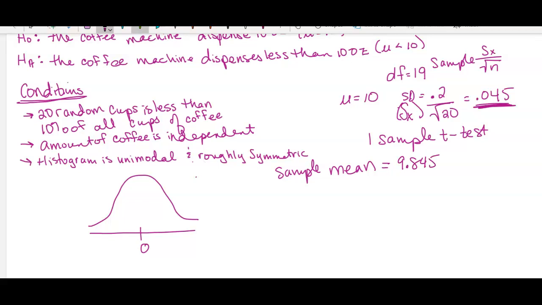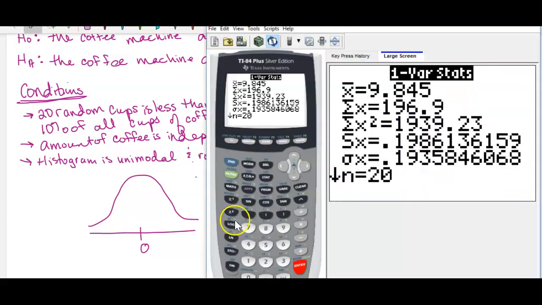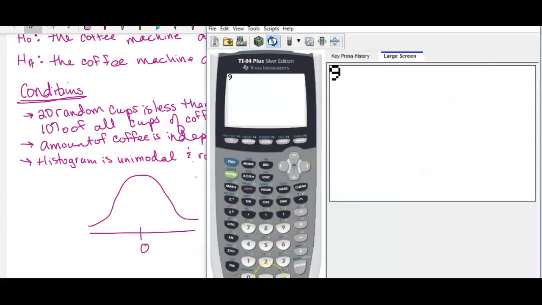So the things that we're going to need are this and this, because we have to calculate our t-score. Our t-score is just like a z-score where you take your value, subtract the mean, and the mean was 10. We were saying that it was 10, and we're going to divide by 0.045. Let's do that real quick. 9.845 minus 10.